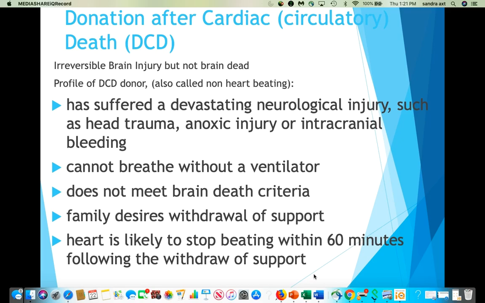So if the family decides that yes, they would like to do that, the patient goes to the operating room and is essentially prepared for the donation. And then the support is withdrawn, the patient is extubated, their vasopressors are stopped, or whatever support they were receiving. The family is allowed to stay there. And once the patient passes away, the family is given a few minutes to say their final goodbyes.